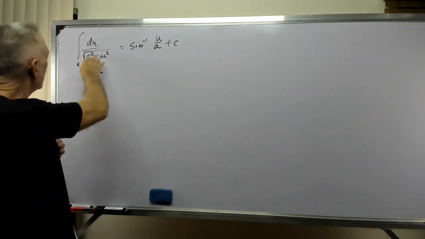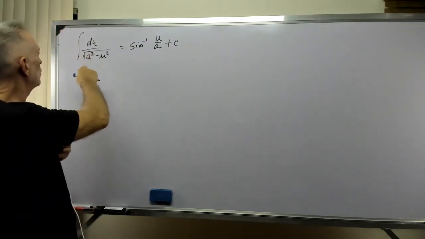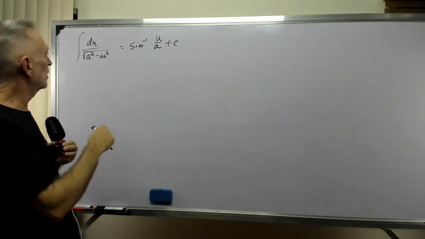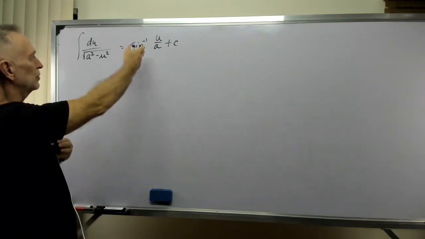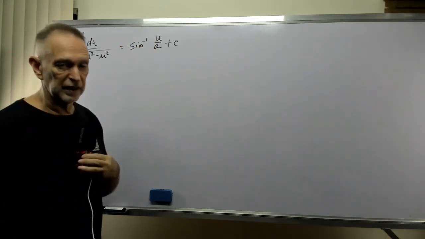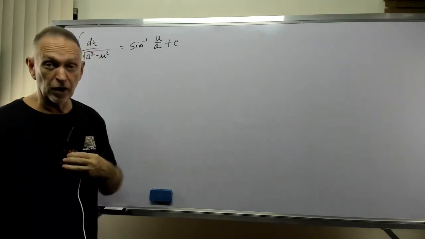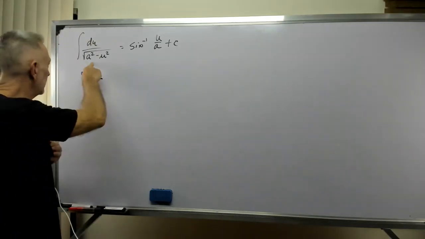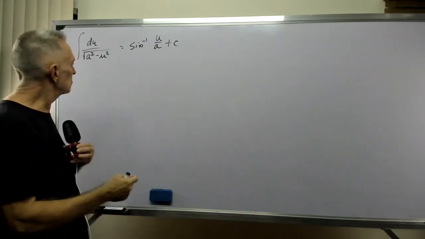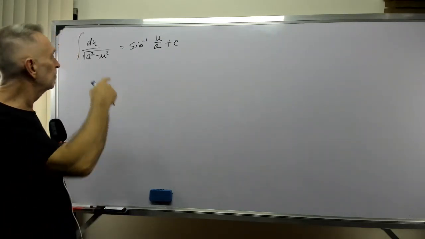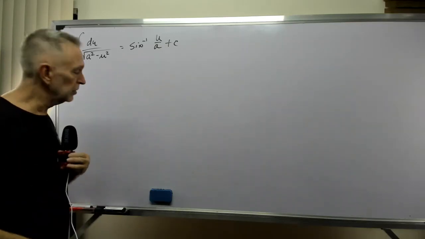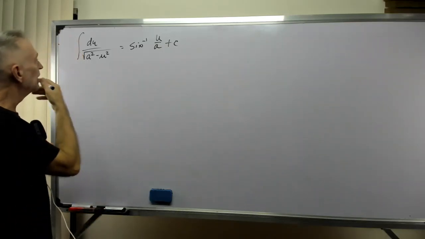How did they know that the integral of du over the square root of a squared minus u squared equals inverse sine, or arcsine, of u over a plus c? Because you're supposed to, when you see this, just write that. So let's see if we can take that integral and make that happen. Let's get after it.